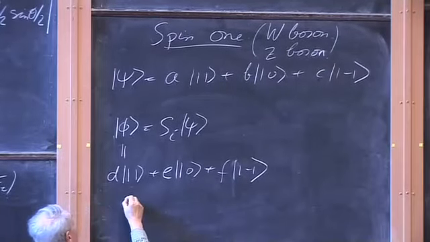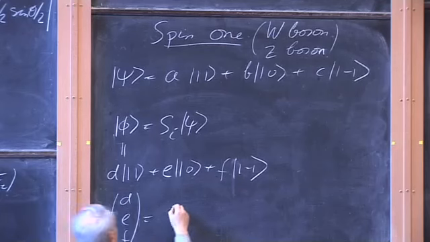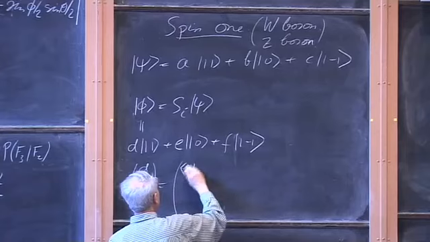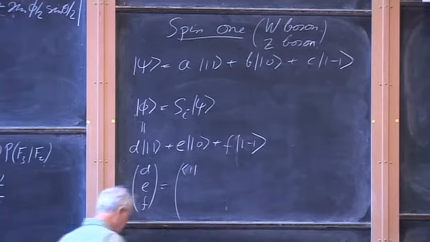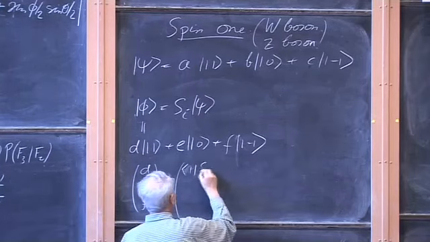We will have that D, E, and F are equal to a matrix whose entries are <1|S_i|1>, <1|S_i|0>, <1|S_i|-1>, and so on and so forth, then <0|S_i|1>, <0|S_i|0>. Let's leave off the total angular momentum quantum numbers.